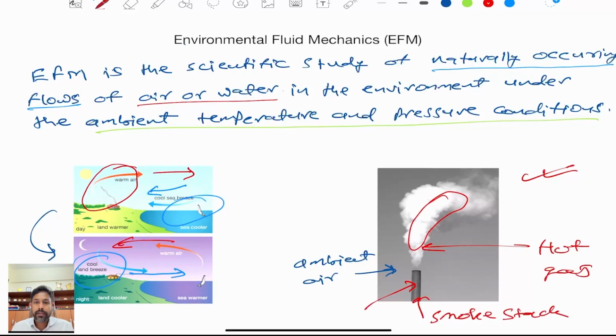So when we say ambient temperature and pressure, we are mostly referring to the atmospheric temperature and pressure, and only the fluid that is coming out or that is mixing with the air or water might have different temperature and pressure, and that in fact brings the buoyancy, right? Which is important for these naturally occurring flows. So this is a simple definition of environmental fluid mechanics, right, that we are going to study in this course.